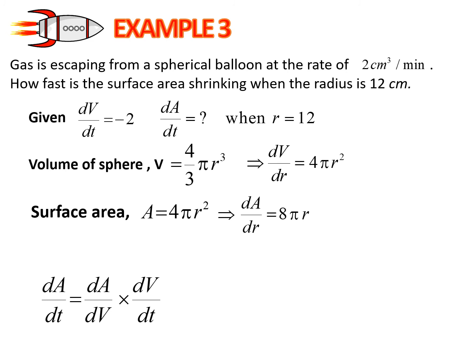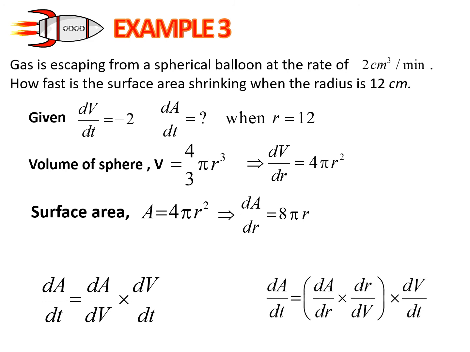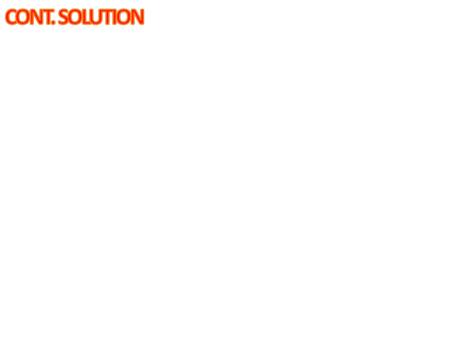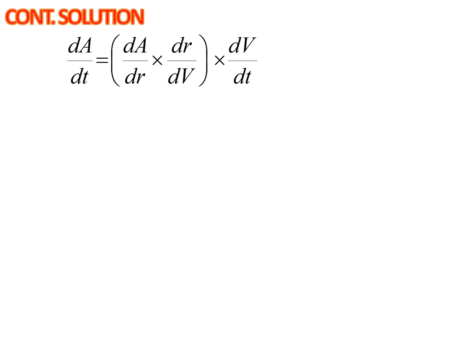Based on the chain rule, dA/dt equals dA/dV times dV/dt. But we don't have dA/dV, so we need another chain rule: dA/dt equals dA/dr times dr/dV times dV/dt.